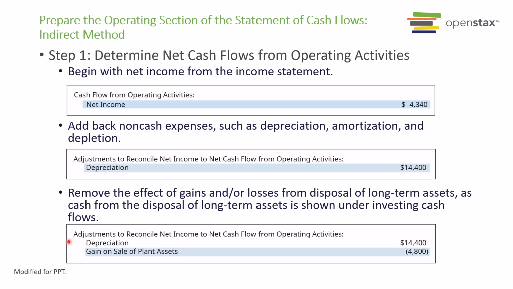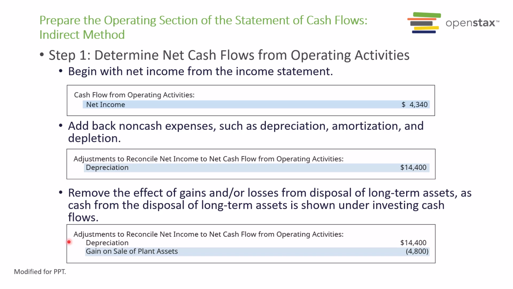We're doing this because our long-term assets are explored more deeply in the investing section of the cash flow statement, and because buying and selling equipment is not part of your revenues and expenses in the running of your business, right? If you remember from your financial accounting, we actually put these in the other gains and other losses categories. So we've got to move these and get them out of the operating activities section.